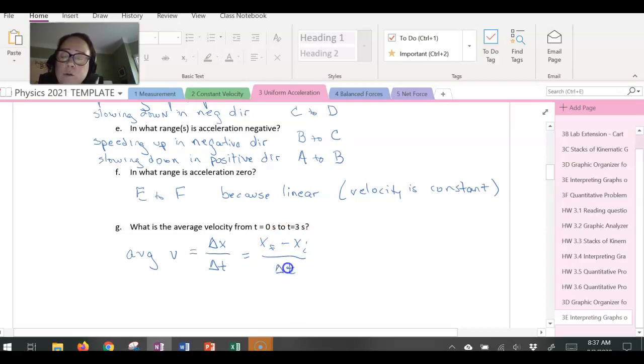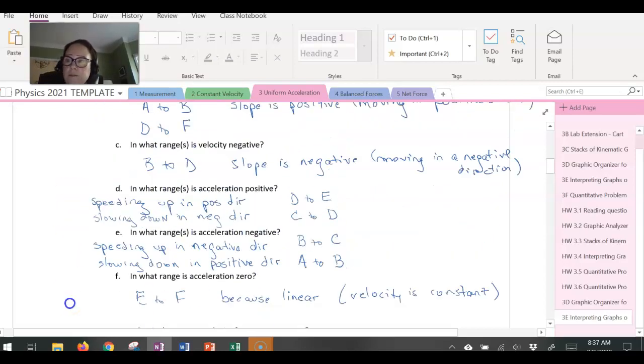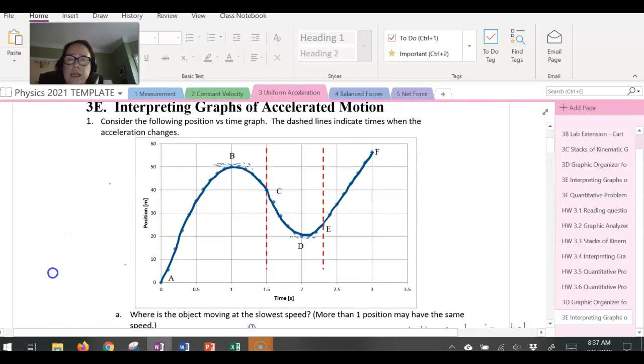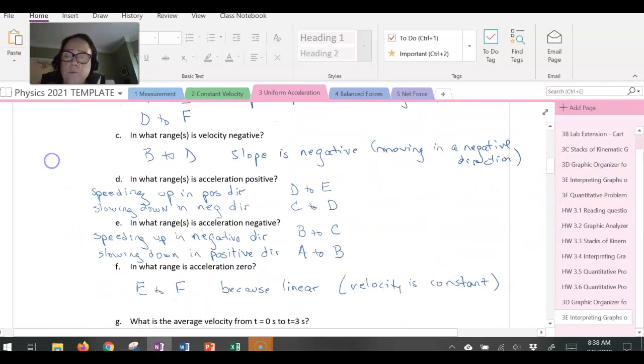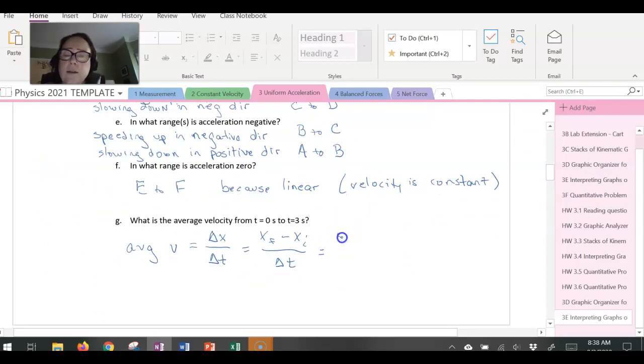So let's go see if we can find the final and initial position. So at time 3, the final position up here is around 57 meters. The initial position was 0. So I have 57 minus 0 meters, and that was done in 3 seconds. And so we get an average velocity of 19 meters per second.